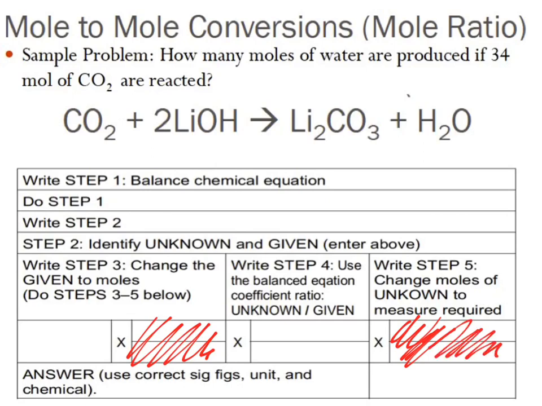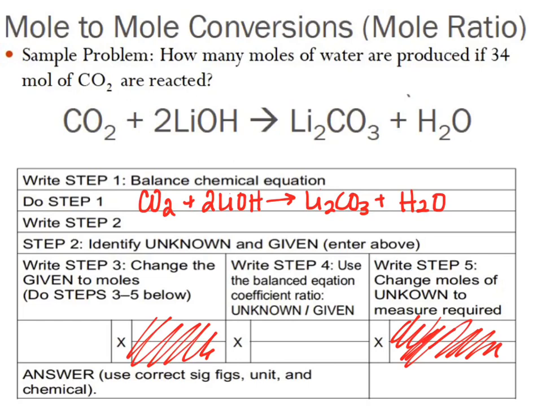The very first step is to balance your chemical equation. So is the chemical equation that you are given balanced? We have CO2 plus 2LiOH gives me Li2CO3 plus H2O. So it is balanced.